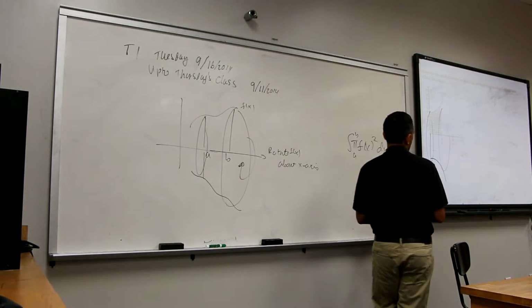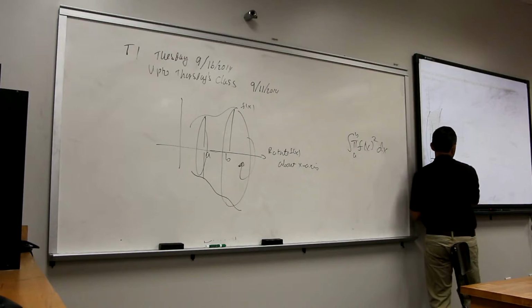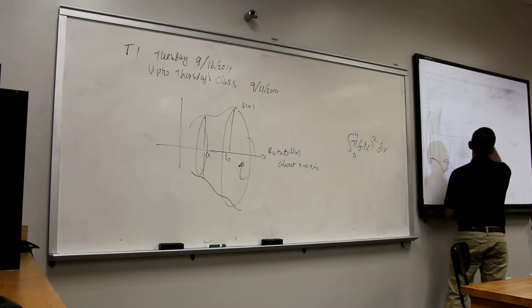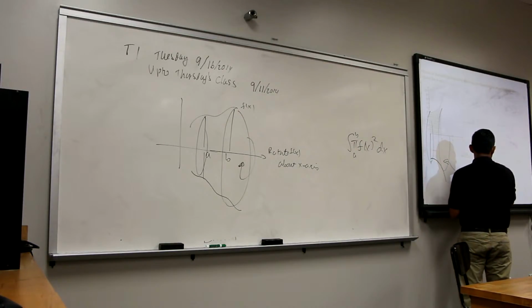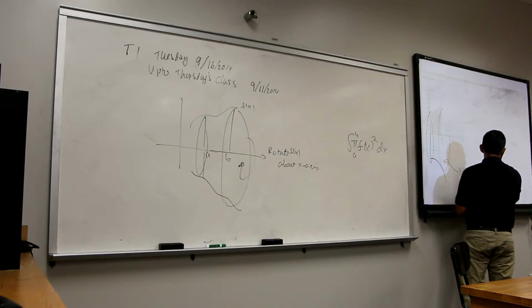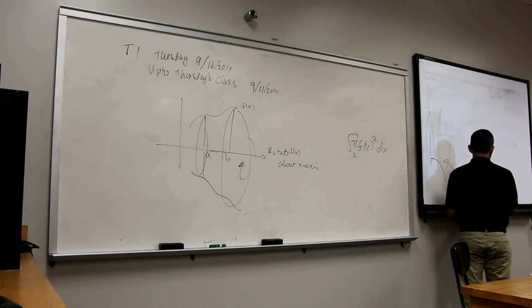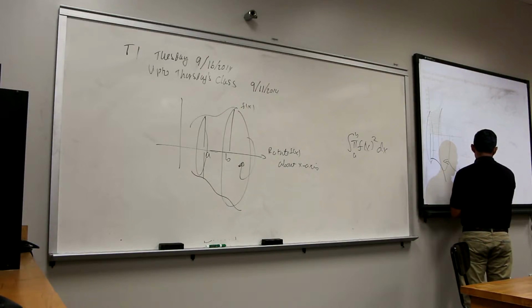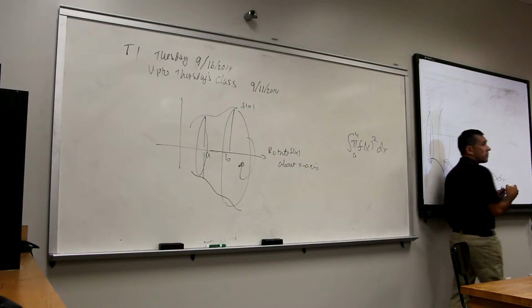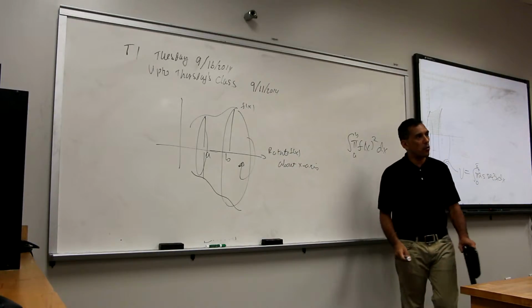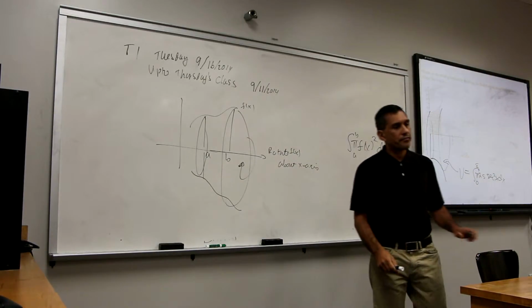So the volume, you will take your function and square it, multiply by pi, and integrate from 0 to pi by 4.